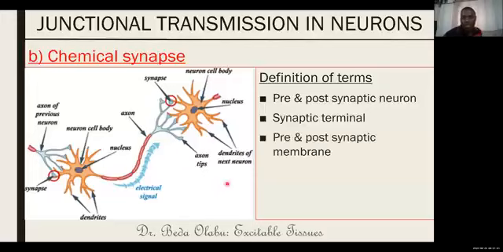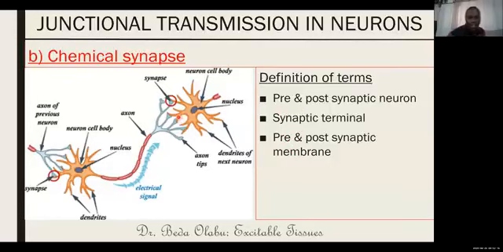The other term to define is pre- and postsynaptic membrane. In the understanding that this axon, of course, is a cell, so it has a cell membrane. So the cell membrane of the axonal terminal, or the cell membrane of the synaptic terminal, is what we are calling the presynaptic membrane.